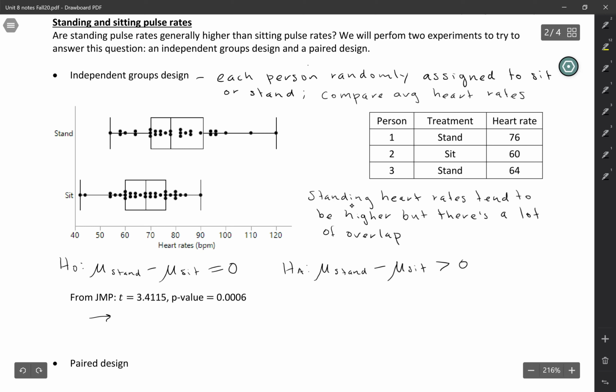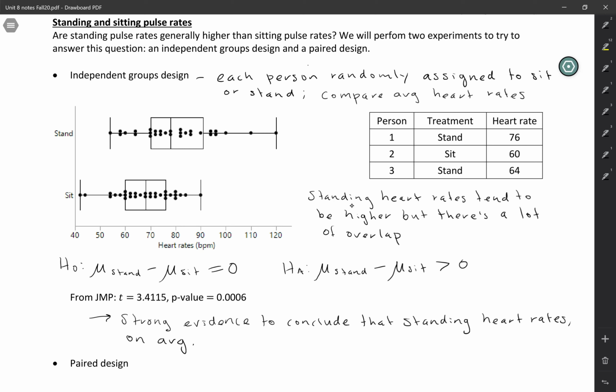With a large t-statistic and a small p-value, we have strong evidence to conclude the alternative. In this case, the alternative is that standing heart rates are higher on average. Obviously not for every single person, but on average, standing heart rates tend to be higher.